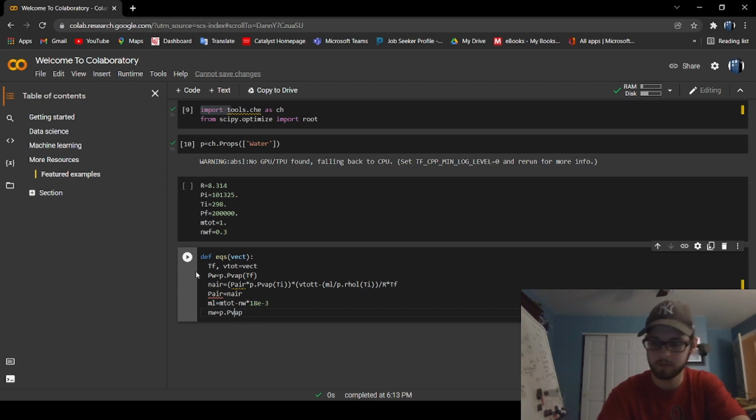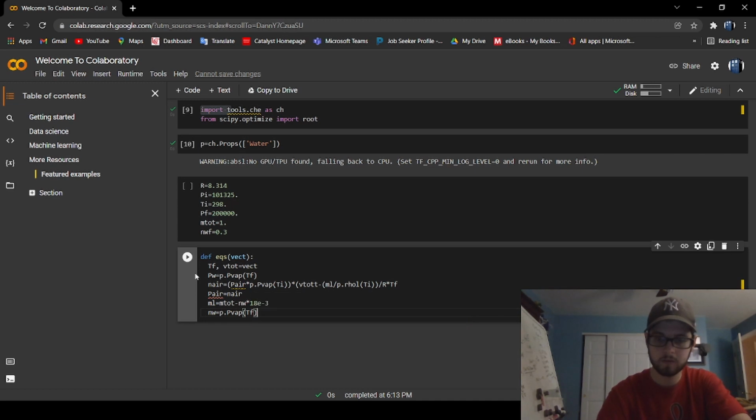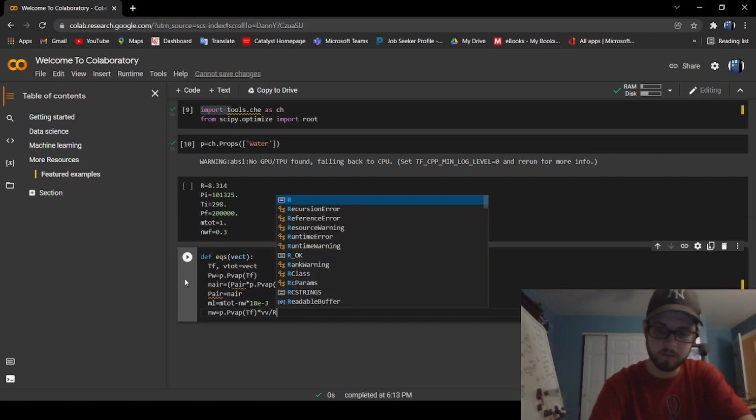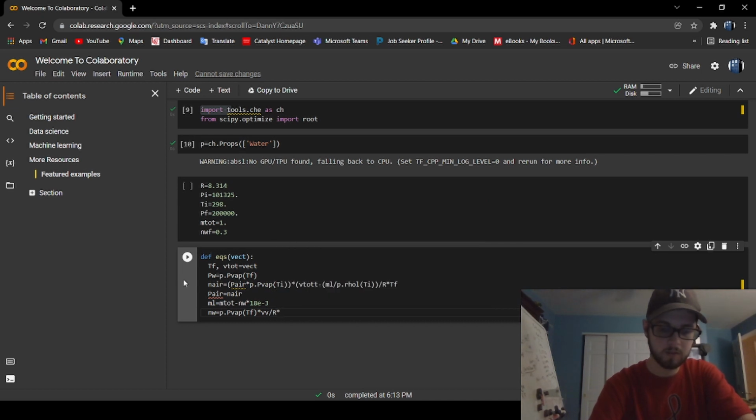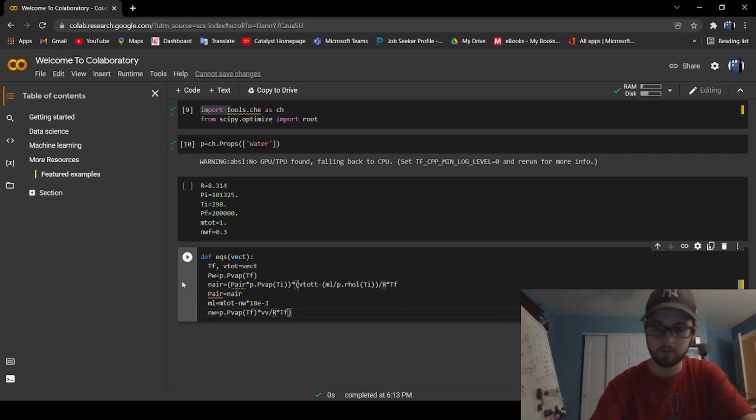That's not where I wanted that. Times the volume of the vapor divided by R times the final temperature. And I'm going to put that in parentheses just in case because I never trust these things.